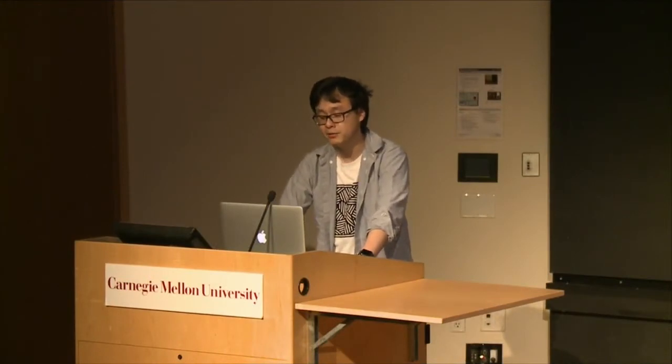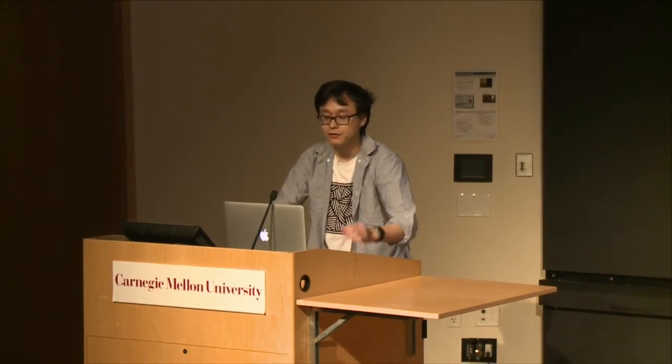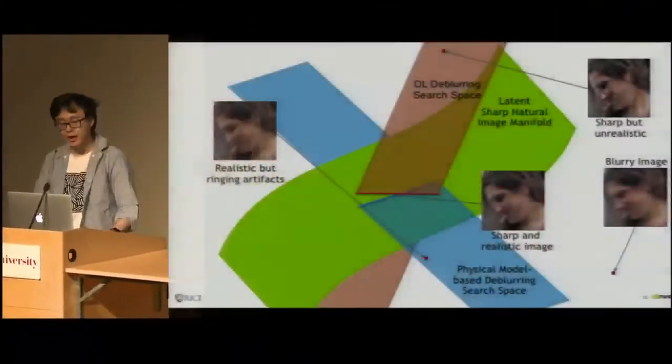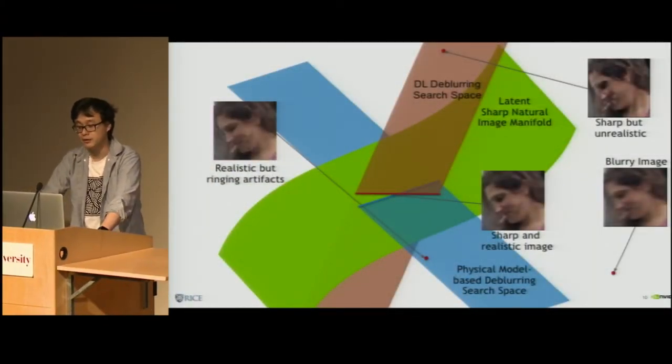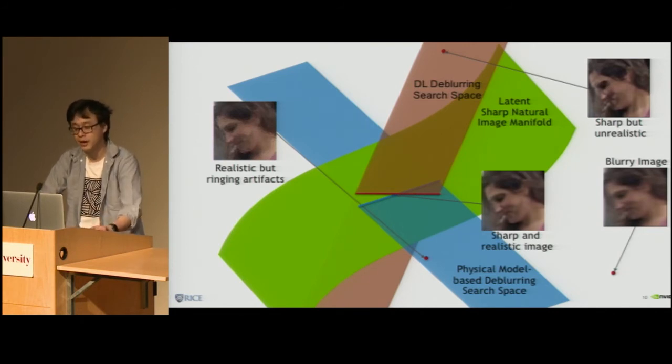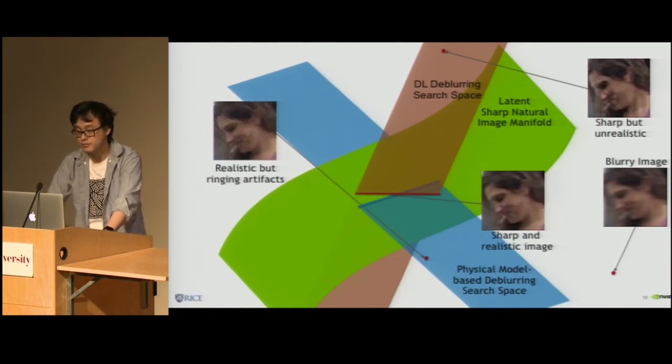But it's not guaranteed that the solution will be on the latent manifold. Therefore, the result might look sharp, but it's unrealistic. On the other hand, a physics-based model has a different search space, but the result might deviate from the manifold because of ringing artifacts, wrong blur kernel estimation, etc.